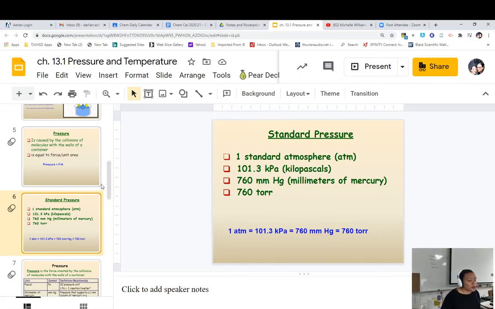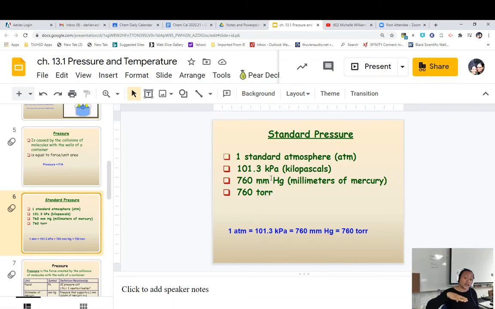So as far as atmospheres, you had 1 atmosphere. You have 101.3 kPa. kPa stands for kilopascals. You have 760 millimeters of mercury. So mm stands for millimeters, and Hg is the chemical symbol for mercury. So millimeters of mercury, and that's where we talked about the barometer.